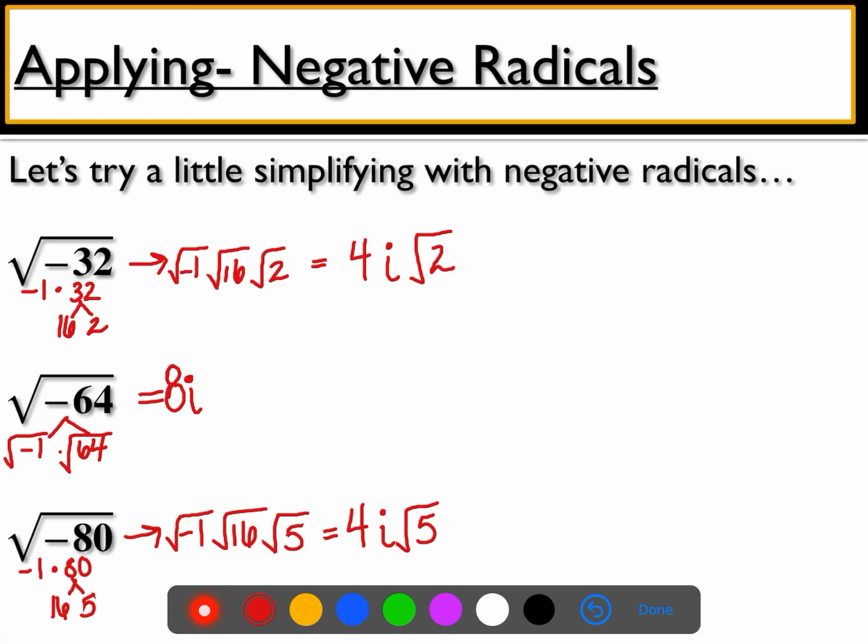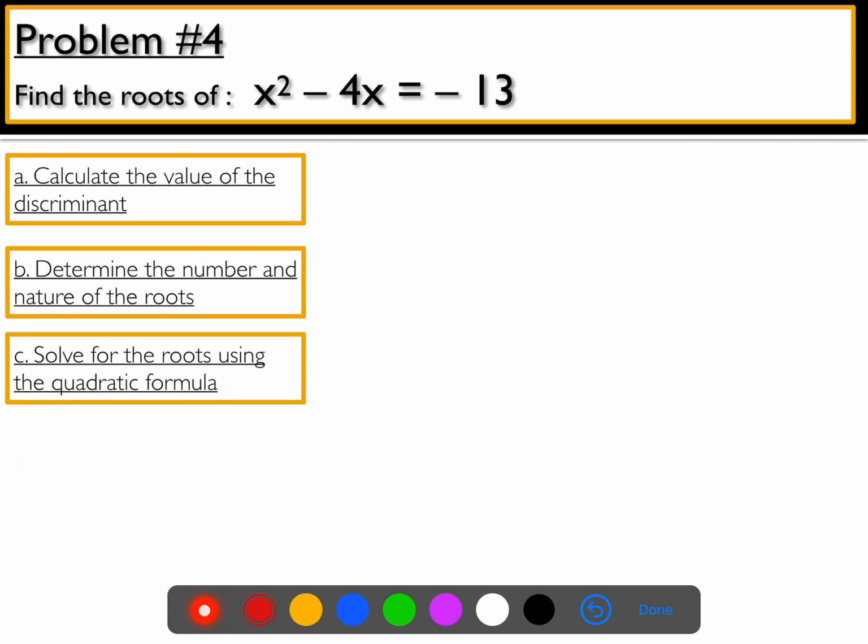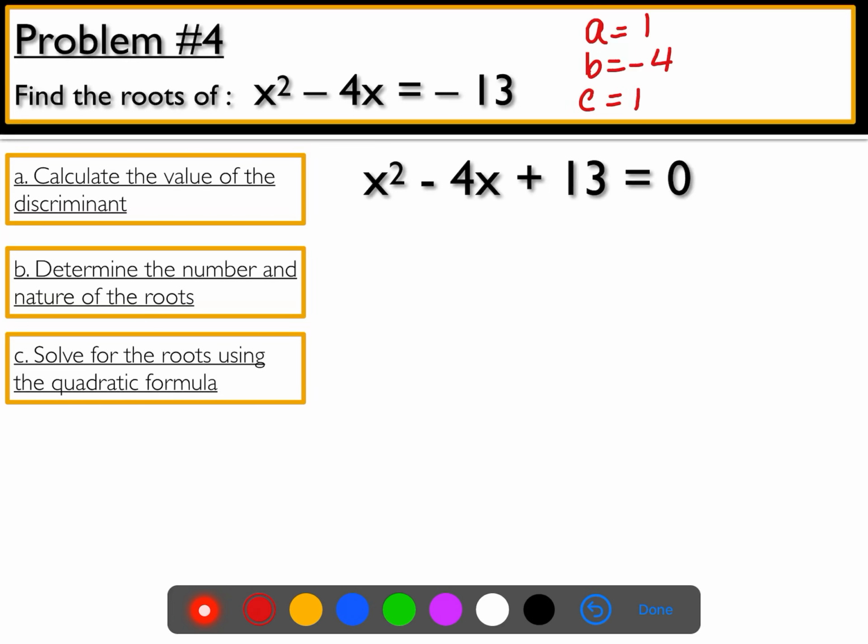So now let's look at our last quadratic formula example. Get everything to the same side. I'm going to add 13 over there. Figure out my a, b, and c, and start with my discriminant.